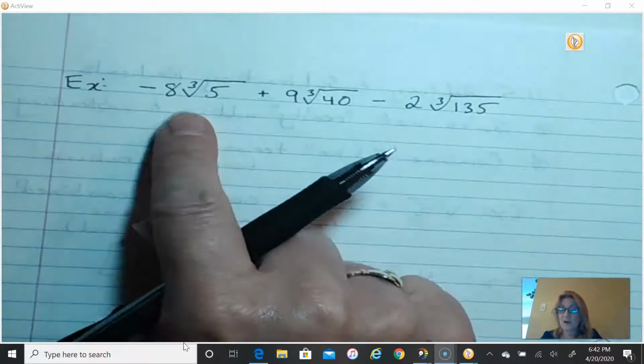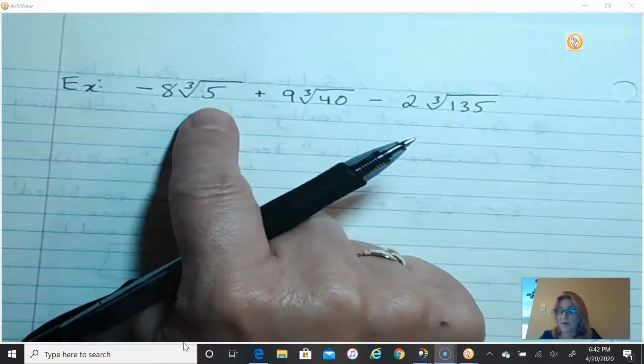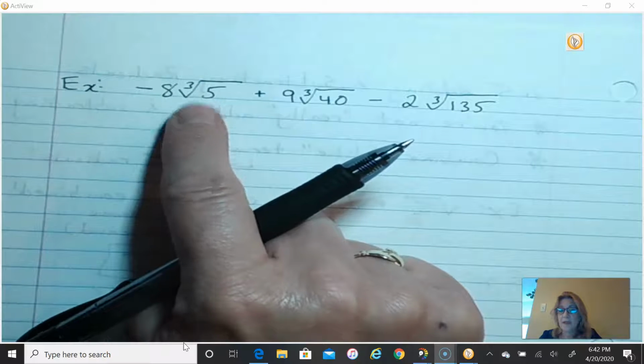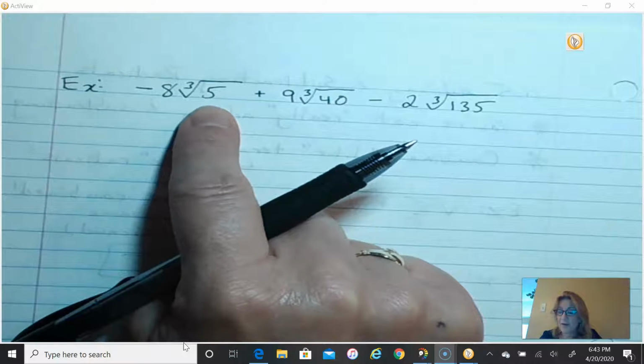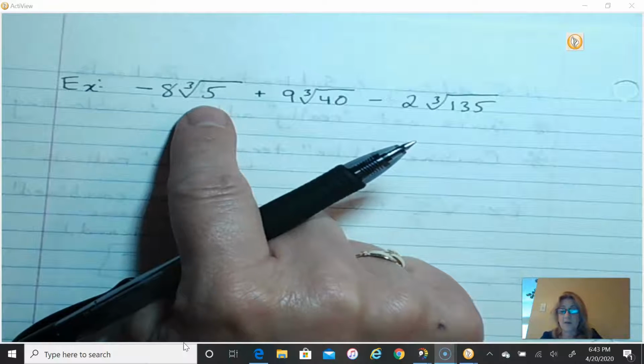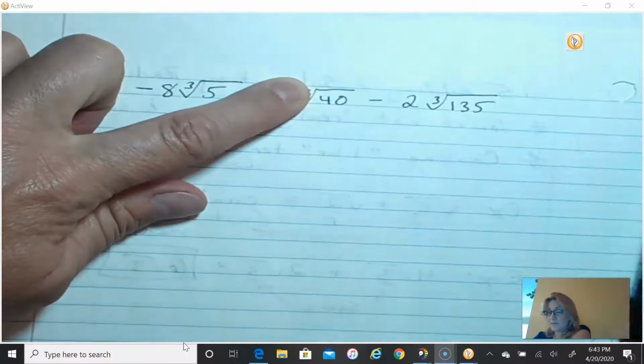All right, so let's look at the first term. This negative 8 times the cube root of 5. Can we simplify that any? No. That 5, there's nothing more you can do to that. So we're going to leave it alone for right now. This 40 is what you're looking at on this next one.